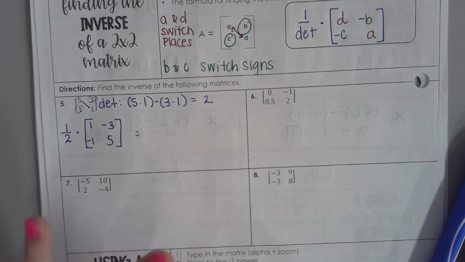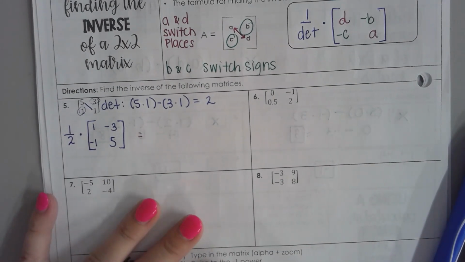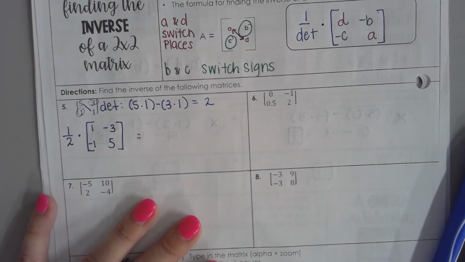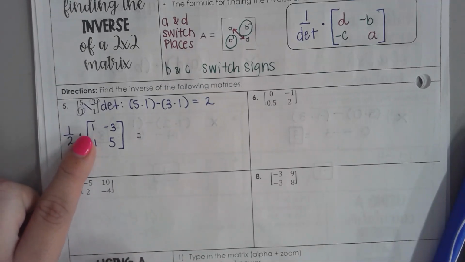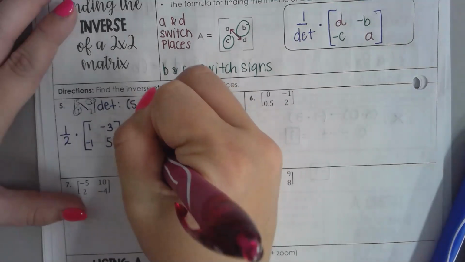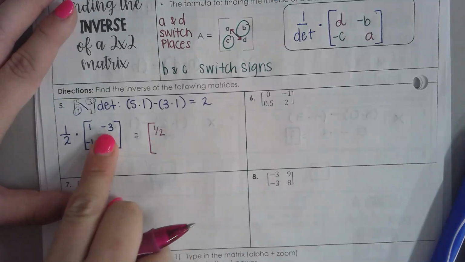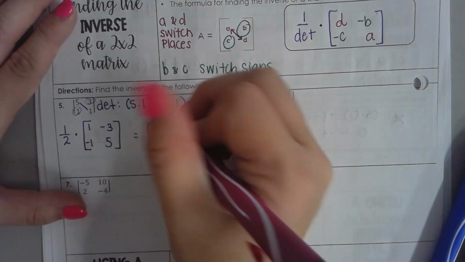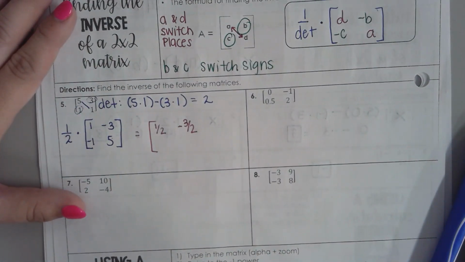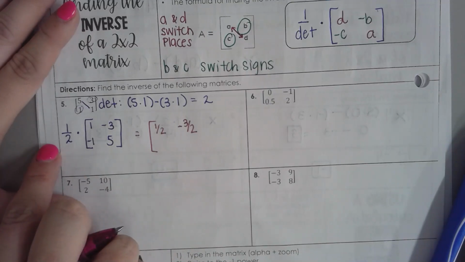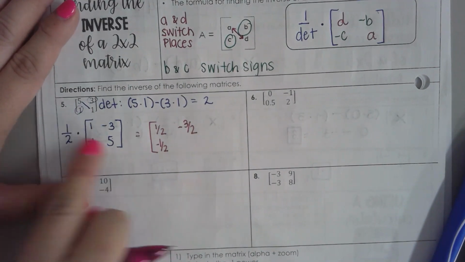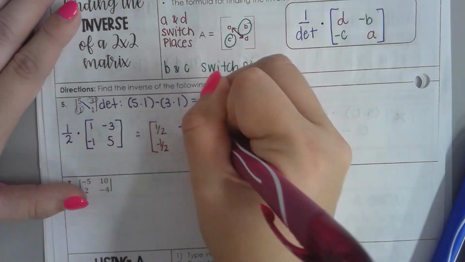When you multiply something by 1/2, it's the same thing as dividing by 2. I want you to leave your answers as fractions. So 1 times 1/2 would just be 1/2. Negative 3 times 1/2 is negative 3 over 2. Negative 1 times 1/2 is negative 1 over 2. And 5 times 1/2 is 5 over 2.